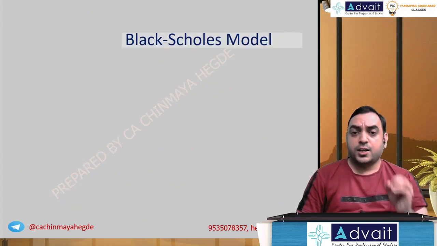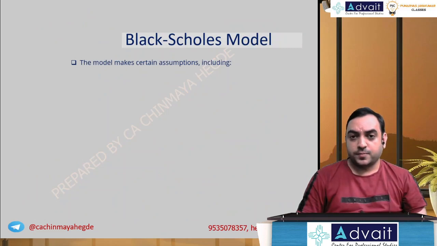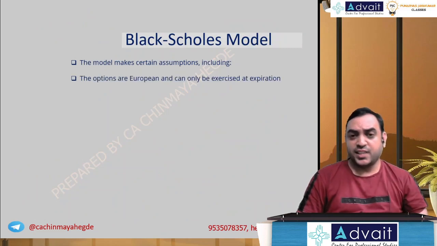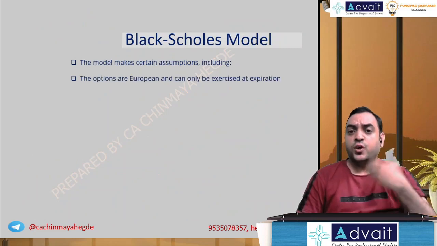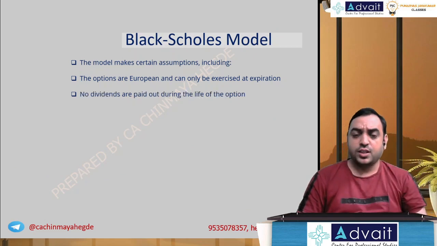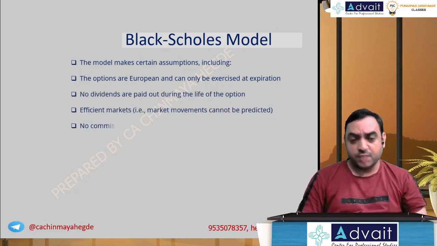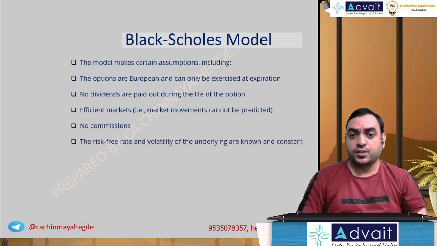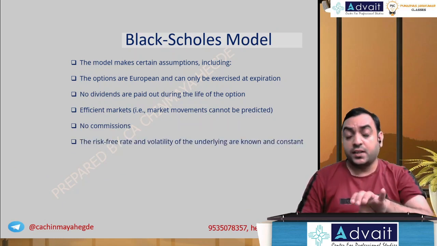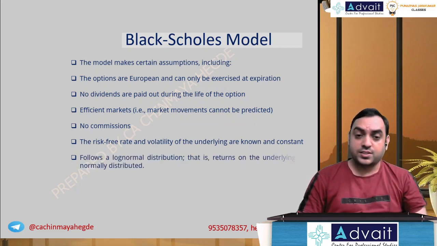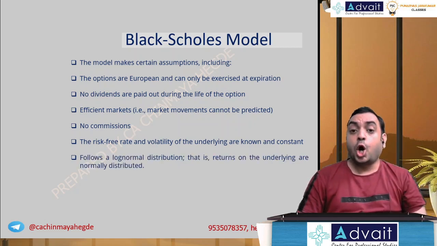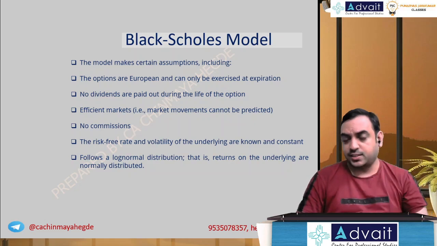Okay, Black-Scholes model. It has some assumptions. It is European, exercised only on expiry. No dividends are paid, efficient market, everybody is aware of all the information, no commission, no brokerage, no transaction charges, risk-free rate and volatility, that is standard deviation, are constant. It follows log normal distribution.